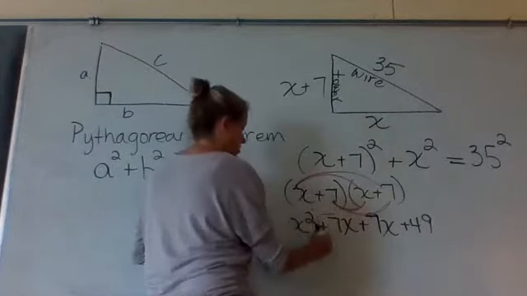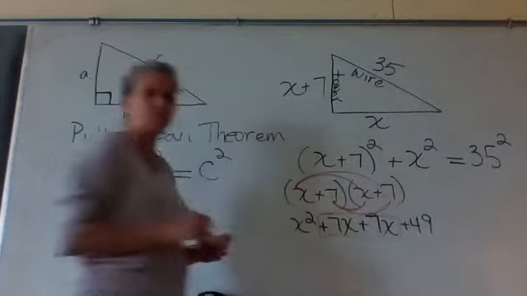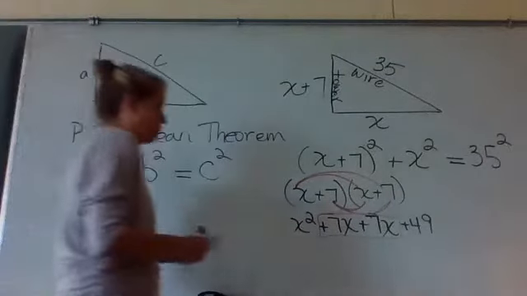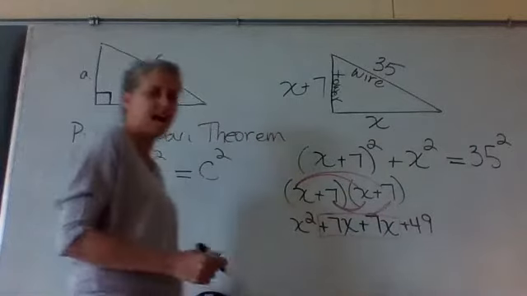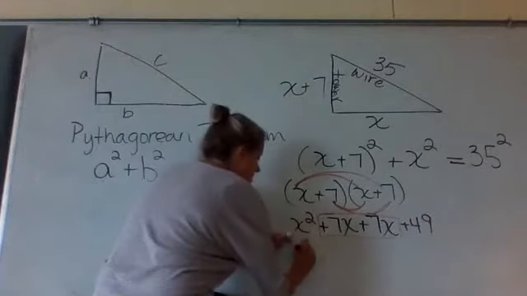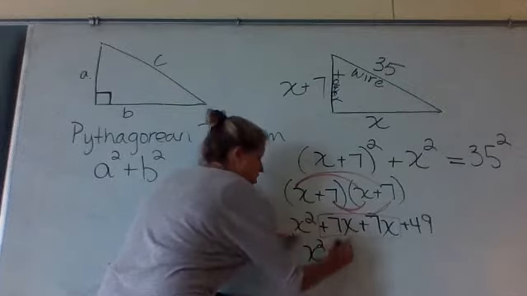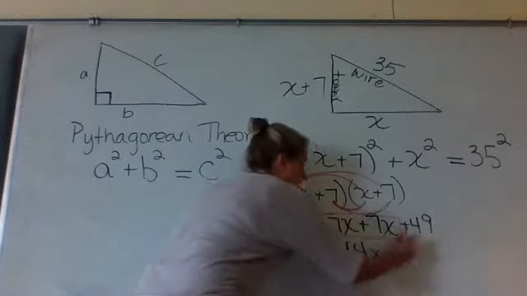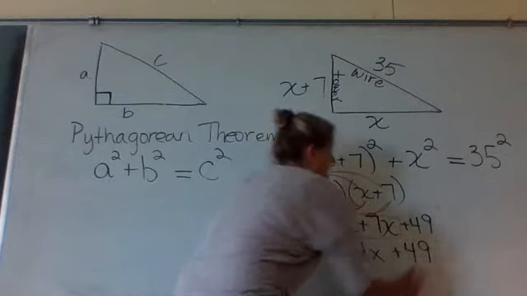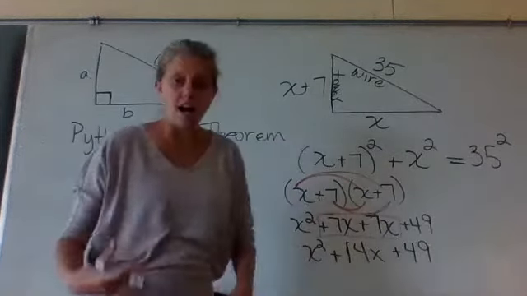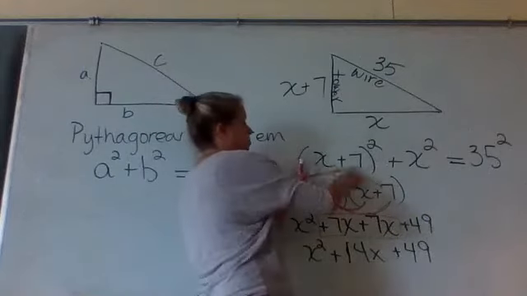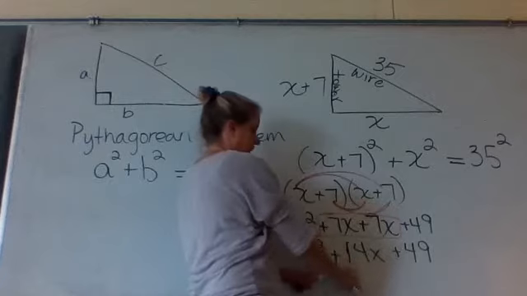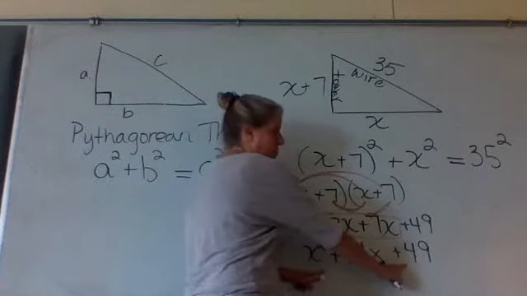But look here. Those 7 x's that are together in the middle right there, they're like terms. So if I put those together, I really have 14x. So over here now, I've got x squared plus 14x plus 49. So all I have done so far is the x plus 7 squared. I FOILed it, which gave me x squared plus 14x plus 49.